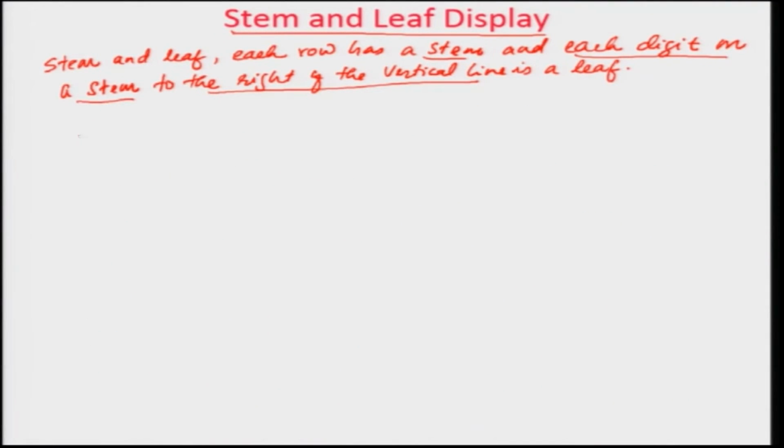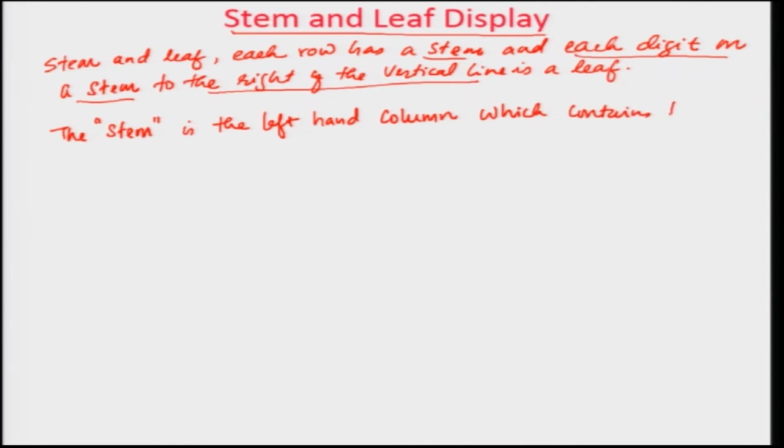Then the stem, or what we call as the stem, is the left hand side column, which contains the most significant digit, the tens digit in this case, in the example.